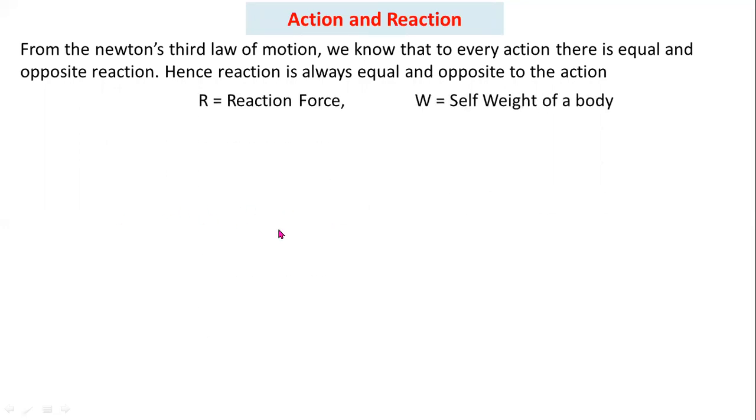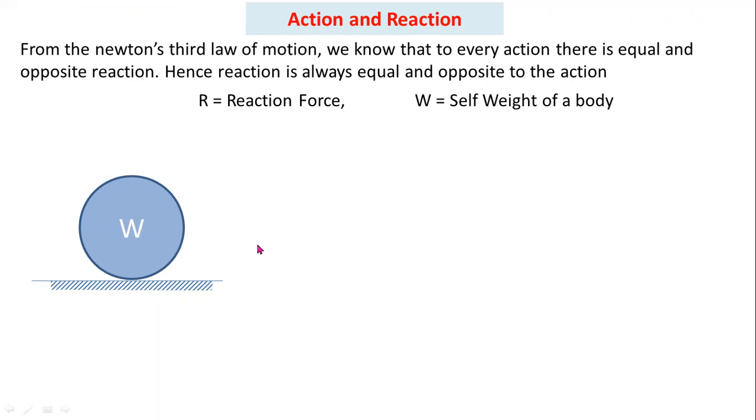From Newton's third law of motion, we already know that for every action there is an equal and opposite reaction. So here let's consider a horizontal surface and a roller or a sphere of self-weight W placed on a horizontal smooth plane.